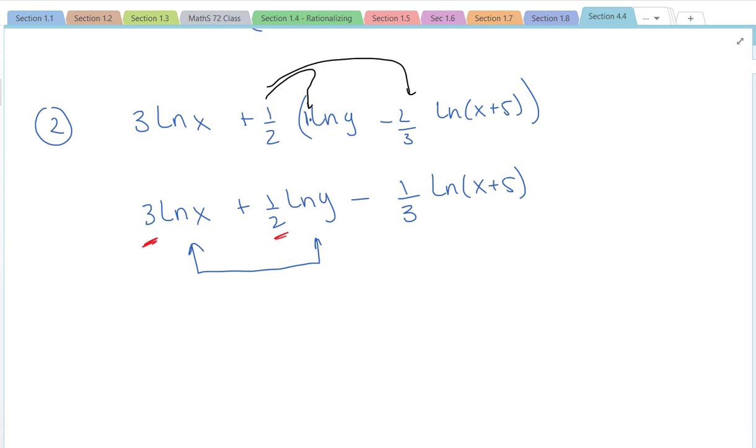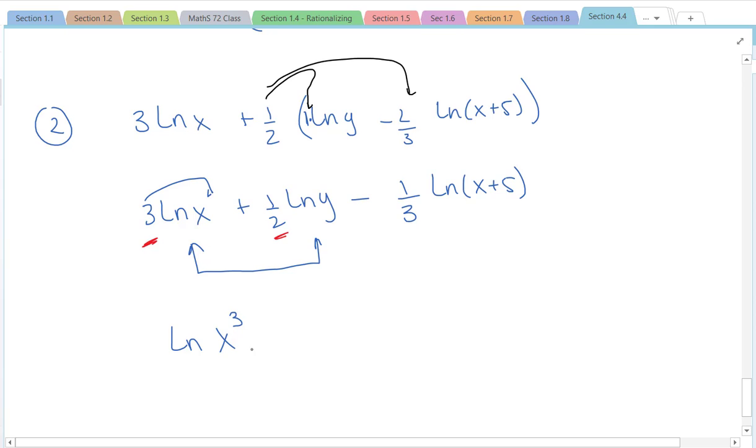So let's fix that. So this is going to be the natural log of x cubed, right? The 3 becomes an exponent to the x, plus natural log of y to the 1/2. The 1/2 becomes an exponent to the y, minus the natural log of x plus 5 to the 1/3. The coefficient of 1/3 becomes an exponent to the x plus 5.